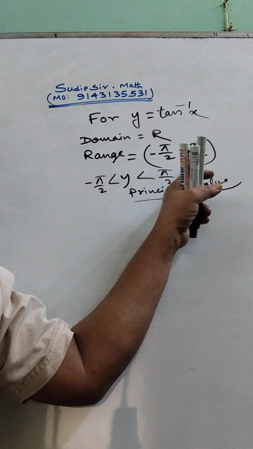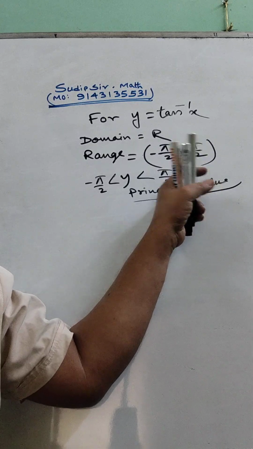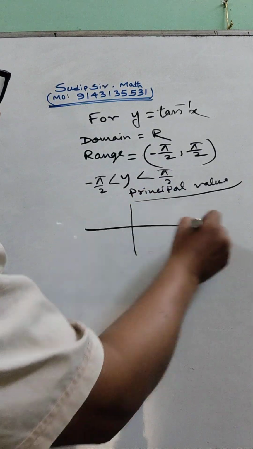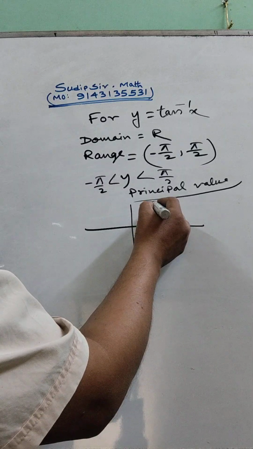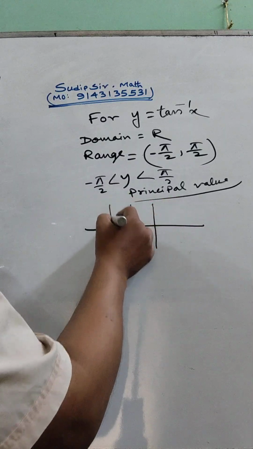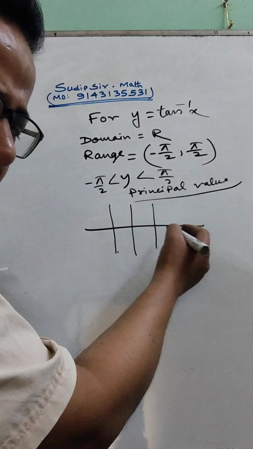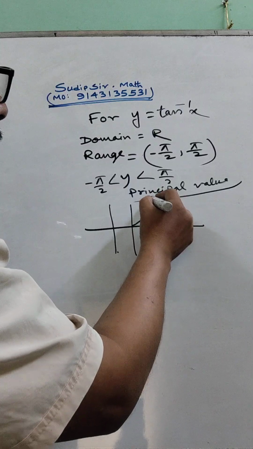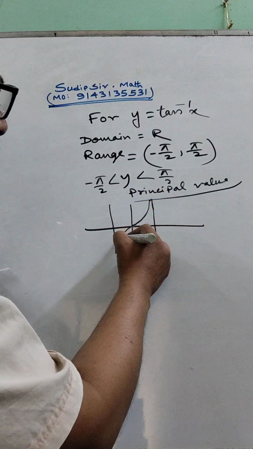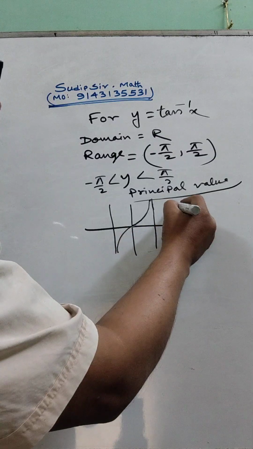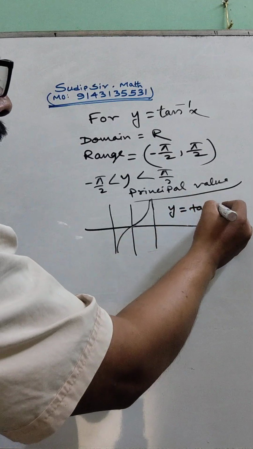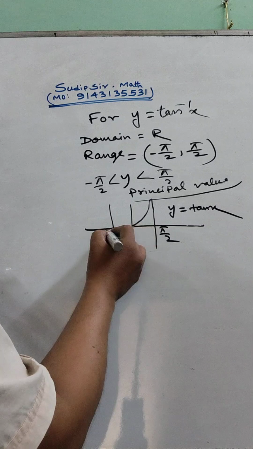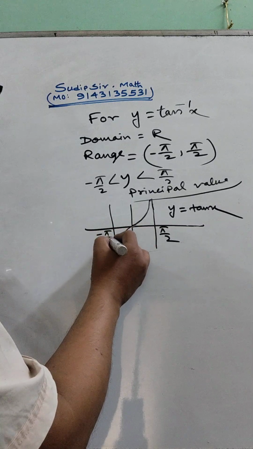Okay. Now, actually for tan x, I am discussing both tan x and tan inverse x for all cases. This is tan x, with asymptotes, touching at infinity. This is y equal to tan x, where this is pi by 2 and this is minus pi by 2.